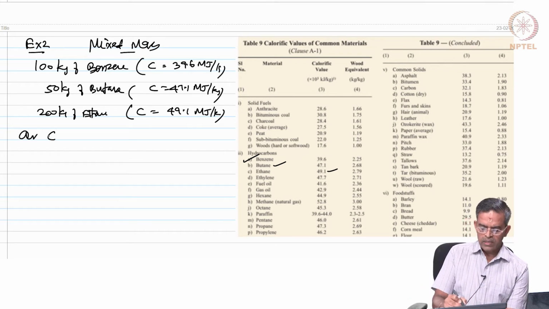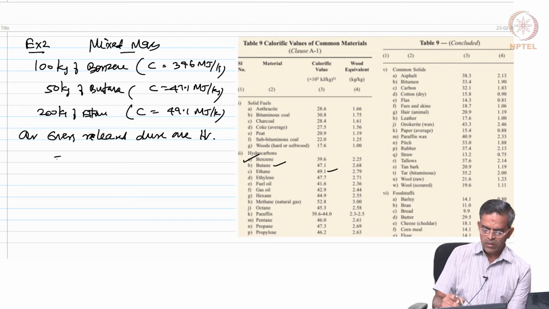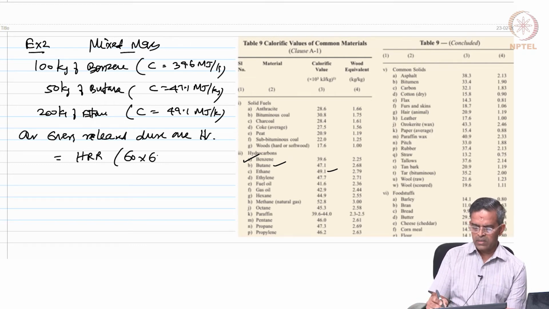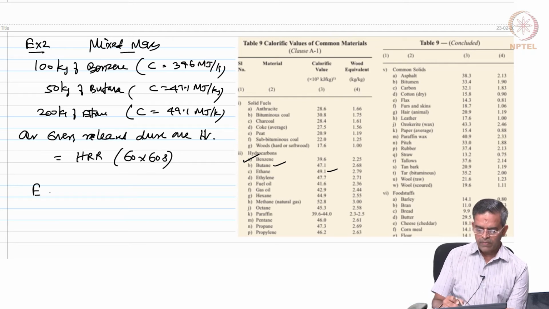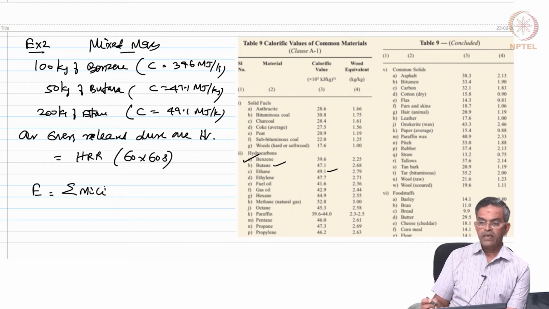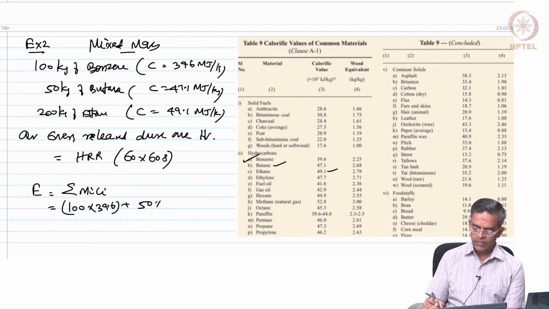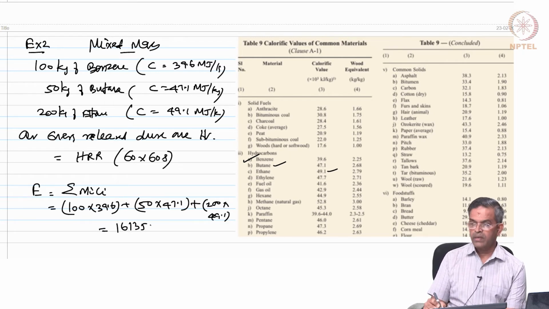So, the average energy released during 1 hour is called HRR, heat release rate, that is 60 into 60 seconds, is given by sum of MiCi, in our case going to be 100 into 39.6 plus 50 into 47.1 plus 200 into 49.1, which comes to 16135 megajoules.